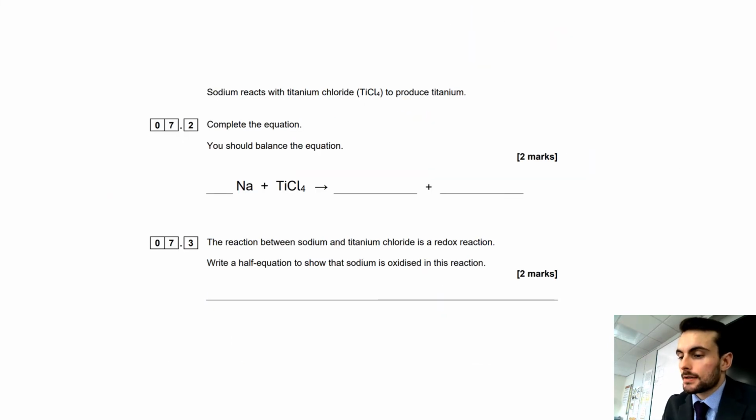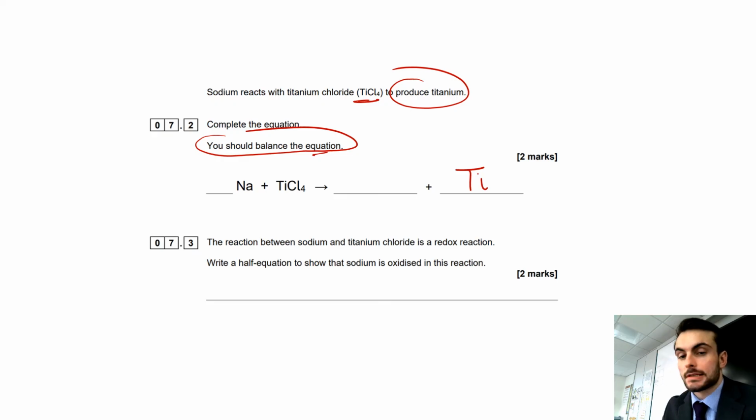Sodium reacts with titanium chloride to produce titanium. Complete the equation. You should balance the equation. So first off, we're going to need to complete the equation before we start balancing it. Now we get a hint as to one of the things that is made, because it says here it produces titanium. So we know one of the things that's going to be made in this is going to be titanium.